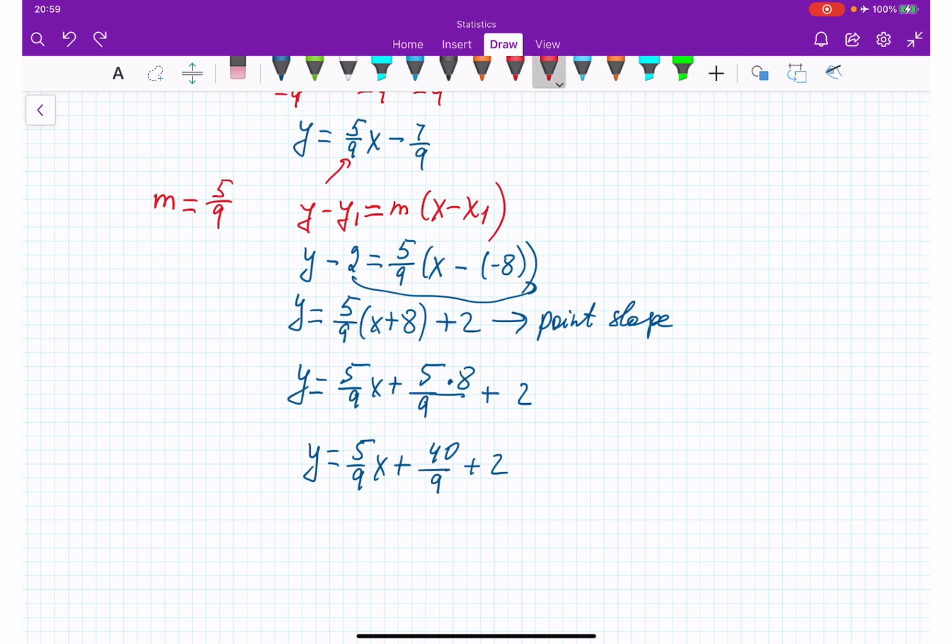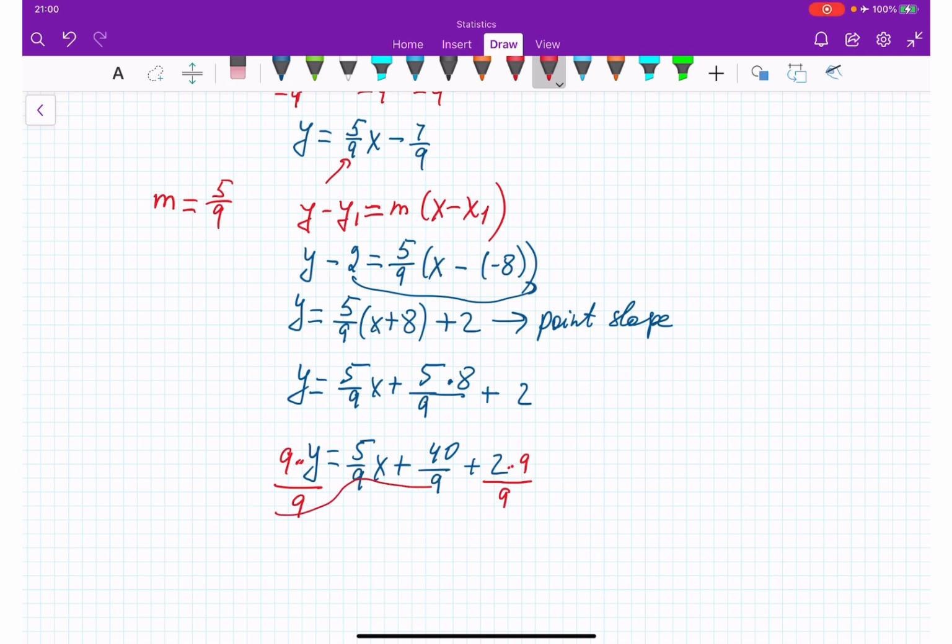So to bring 9 as a common denominator across the board, whatever change we do to the denominator, we have to do to the numerator also. 2 also has denominator 1, therefore also here is 9. Do I have 9 in every single term?